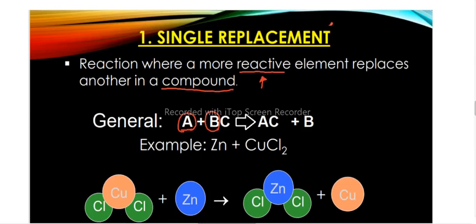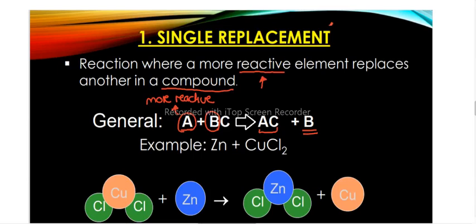So A and B will compete in order to react with the C, which is the non-metal inside the ionic compound. In order to have a single replacement, the A should be more reactive than the B. If A is more reactive than B, it will react with the C, and the B will be replaced outside the chemical reaction in the form of a solid precipitate or bubbles of gas according to the equation that we have.